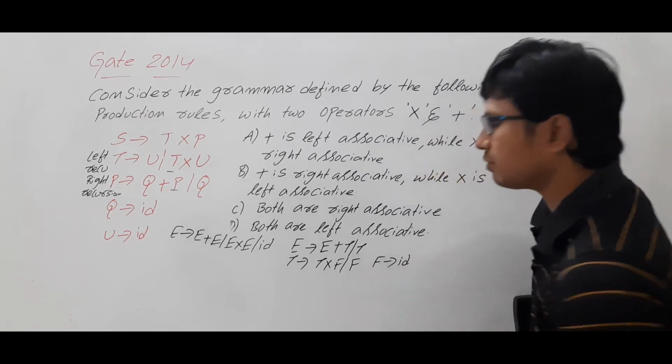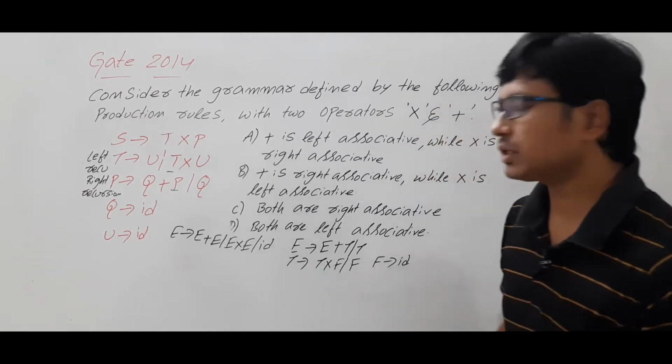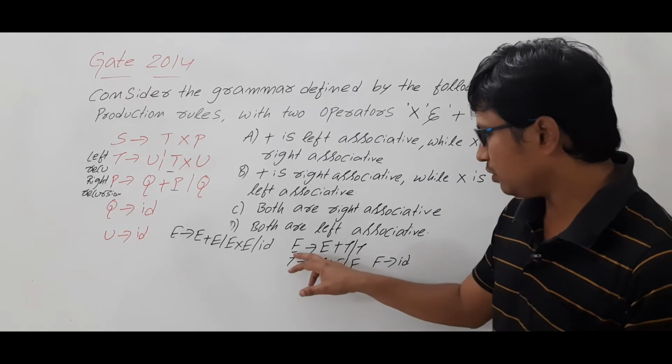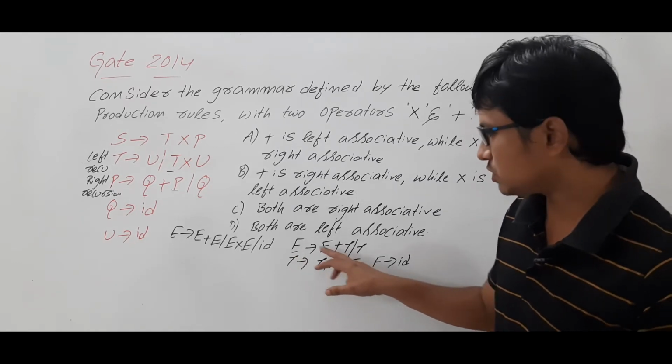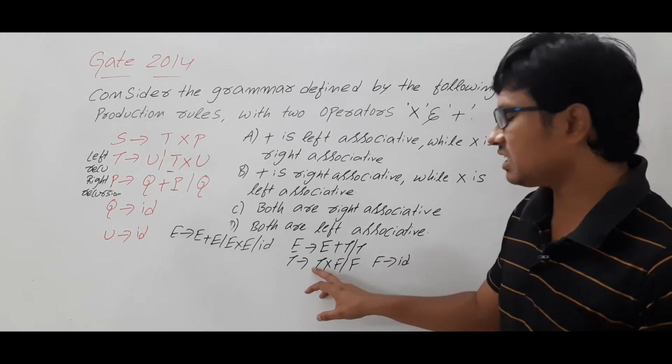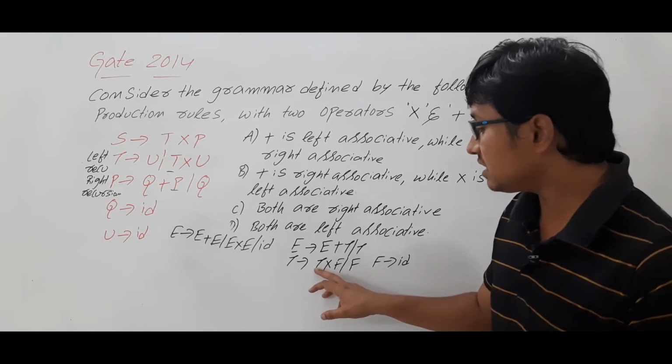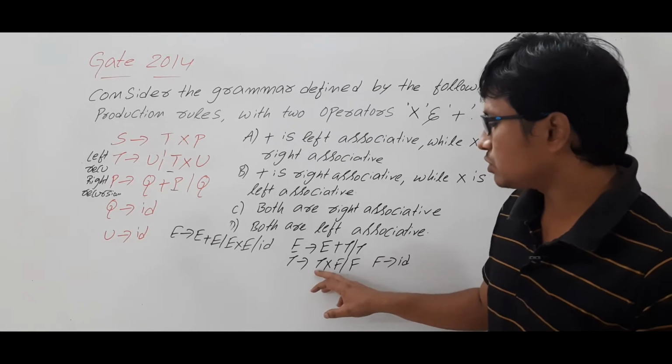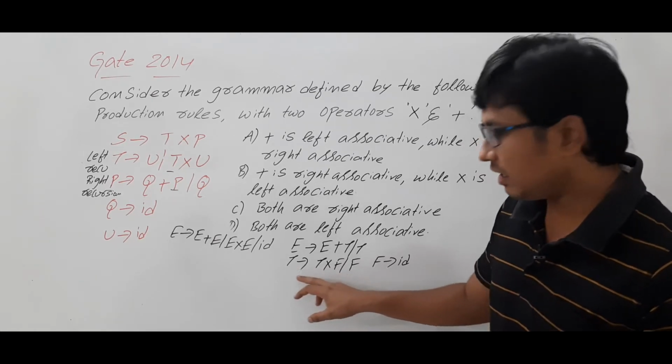Like this we have converted the ambiguous grammar to an unambiguous grammar. Now, as plus is left associative, I have done the left recursion. Similarly, multiplication is usually left associative, so that's why I have done the left recursion here.